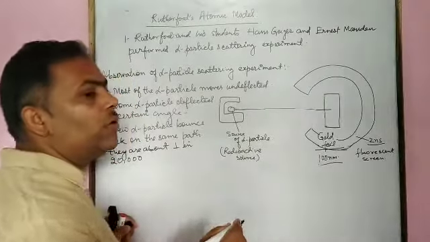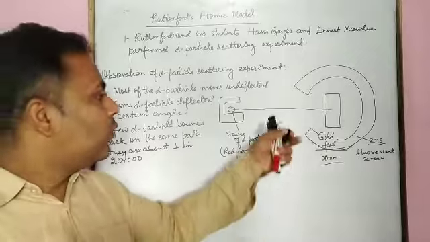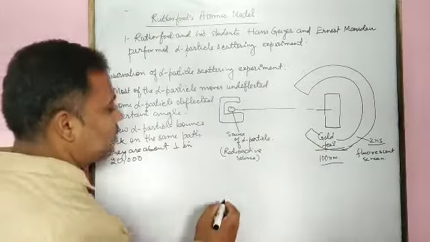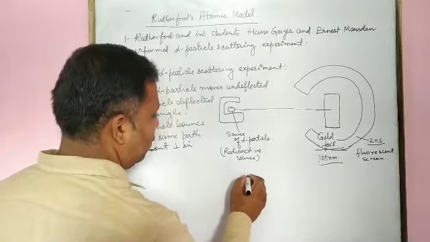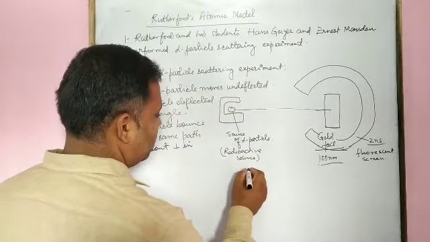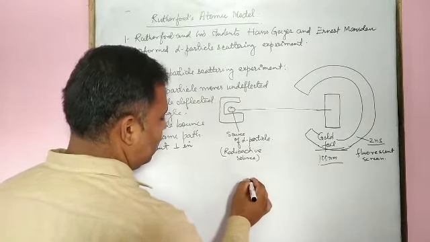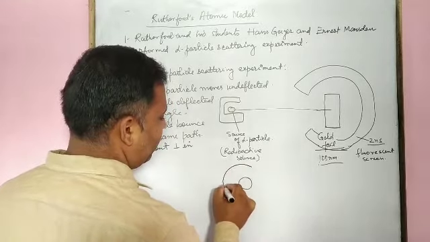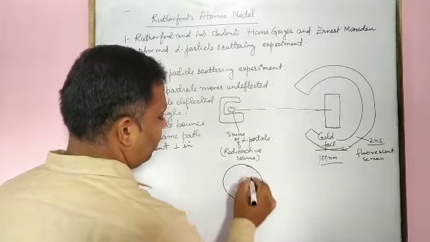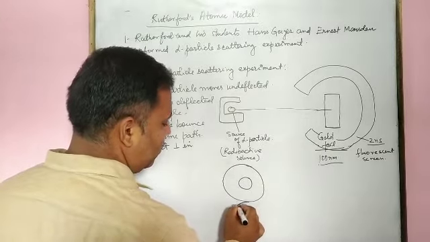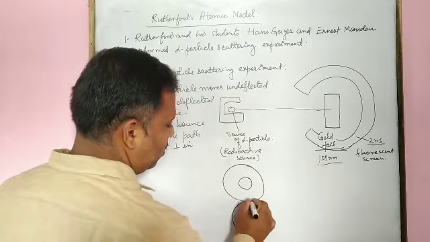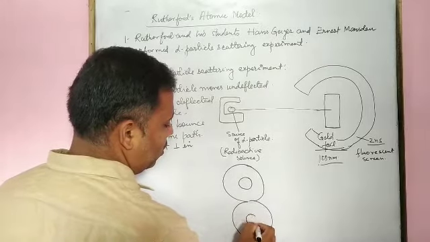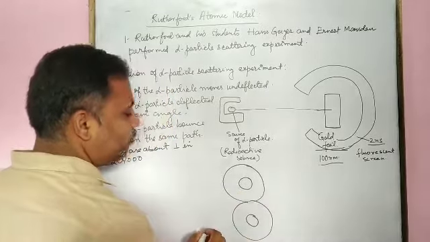We know the gold foil is made up of atoms. Let us see here. This one is the atom. This one is the next atom. This one is the nucleus.